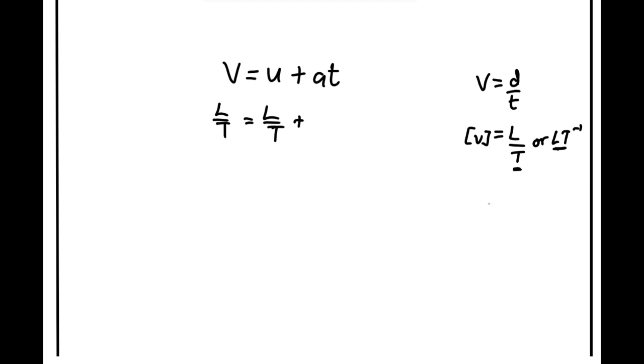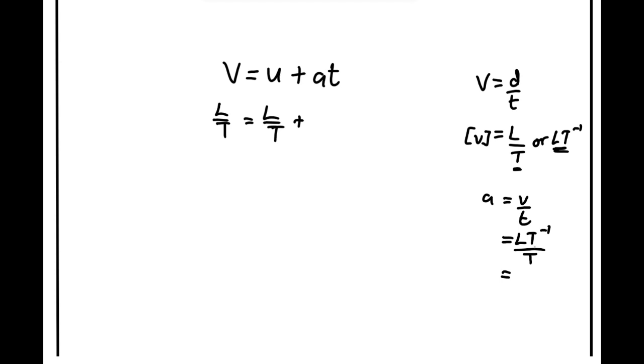Now we get to acceleration. Acceleration is equal to velocity over time. We know the dimensions of velocity, which is Lt^-1. So that's Lt^-1 over the dimensions of time, which is t.